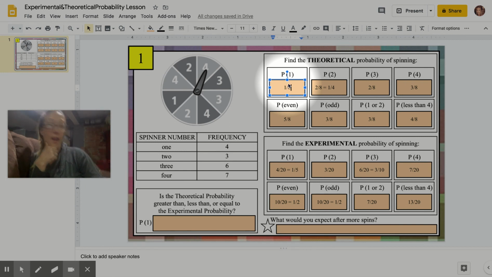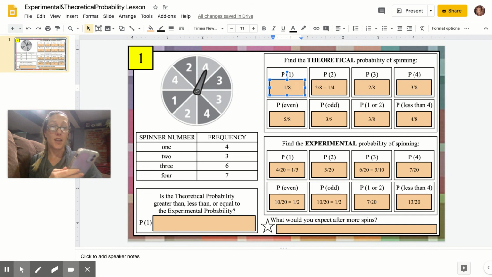Okay, and if I want to compare these, it might be easier to do it in decimal form. 1/8 is 0.125, which if you times that by 100, would be 12.5%. Okay, because it's a little bit easier to compare them in decimals or percents.